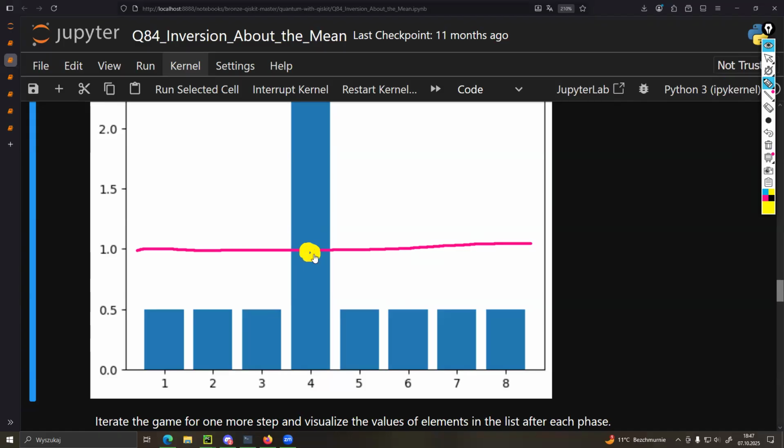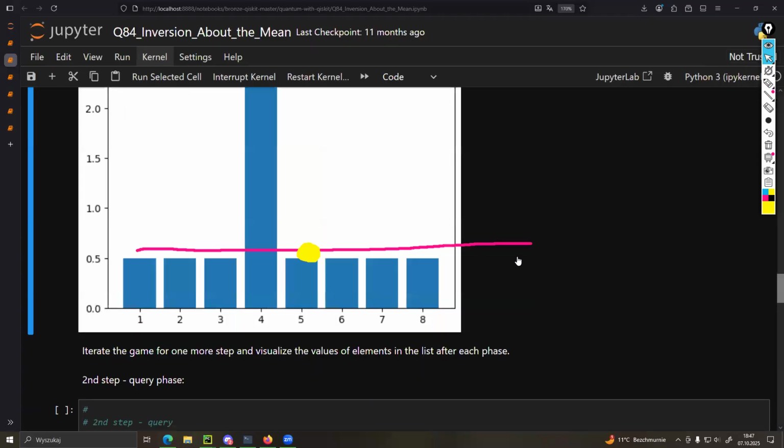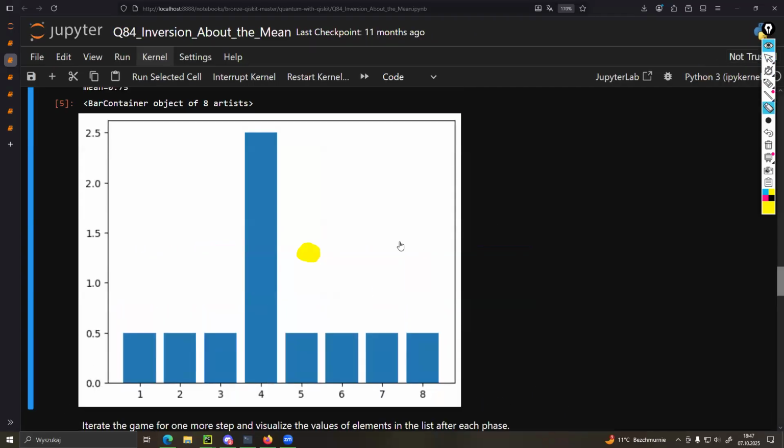Look at how much more often, if this was my original probability, oh yeah, it doesn't actually keep it.